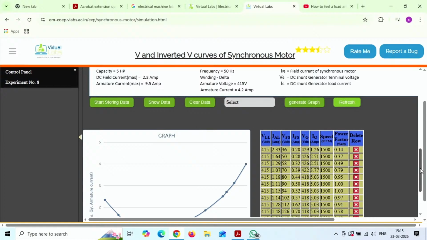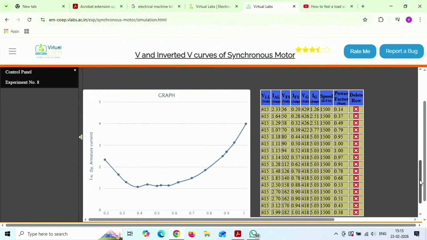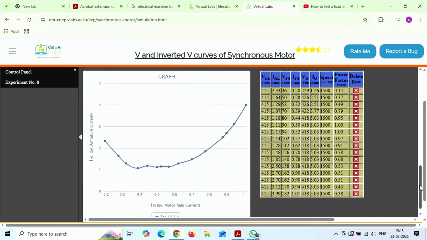If we observe the readings here, at all values of excitation we observe 1500. Practically also we will observe the same. In a synchronous motor, speed is constant. We will get this constant speed even during the physical experiment. Then the input voltage is constant.